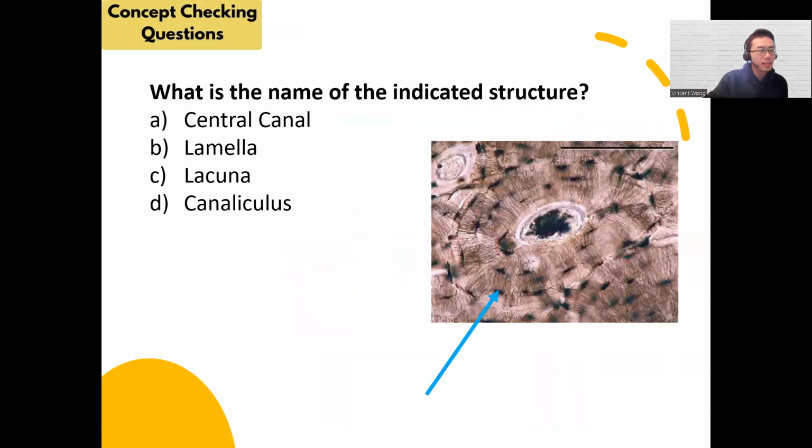But first, let's do a poll, and then we're going to have a break. Just two poll questions here. Go ahead. What is the arrow pointing at?